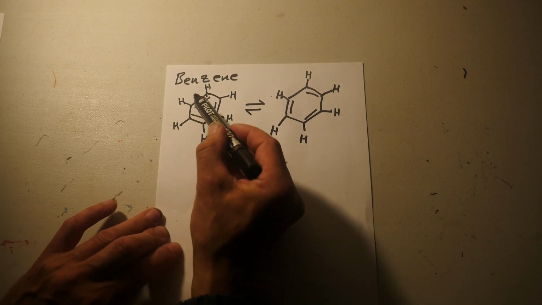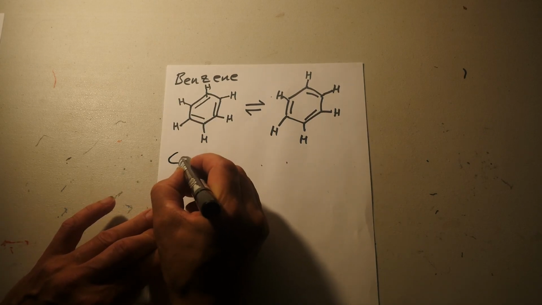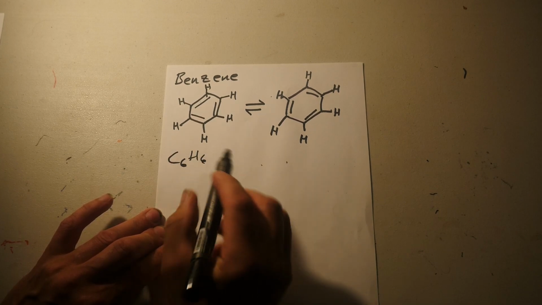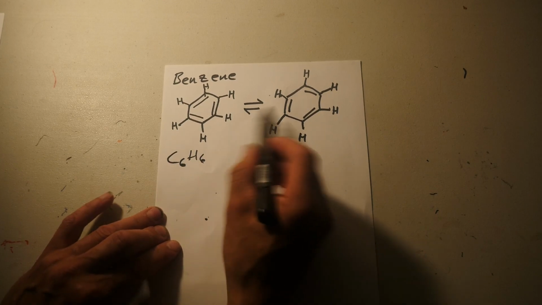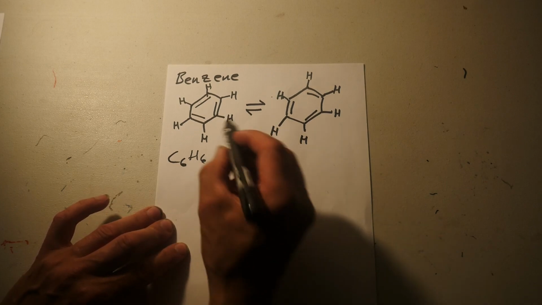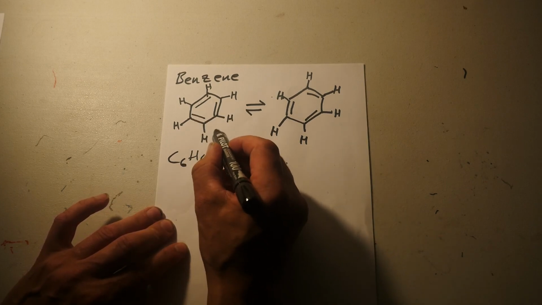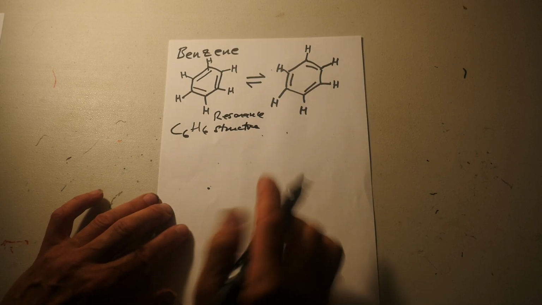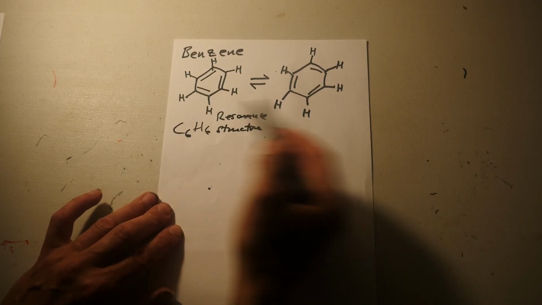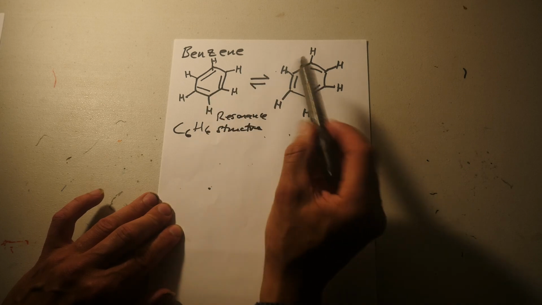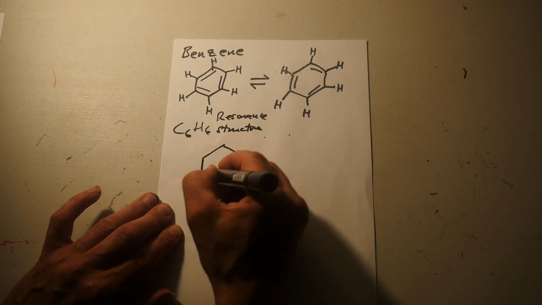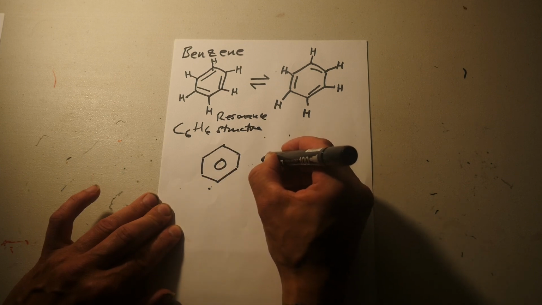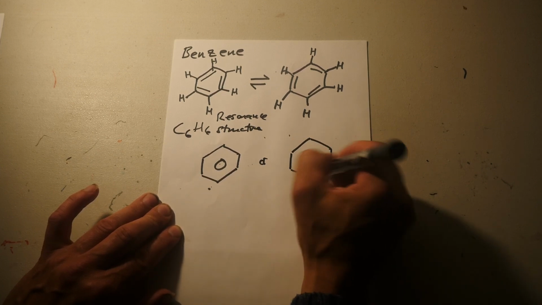Benzene has 6 carbons and 6 hydrogens, so it's got the formula C6H6. This is actually called the resonance structure, because we will explain clearer later. A more simplified version, which you normally see in textbooks, is when you have it drawn like this, where you assume all the hydrogens are already present, or you can draw it like this.